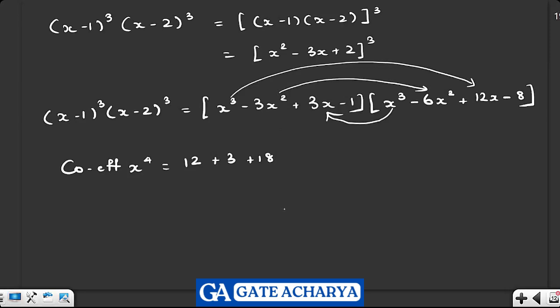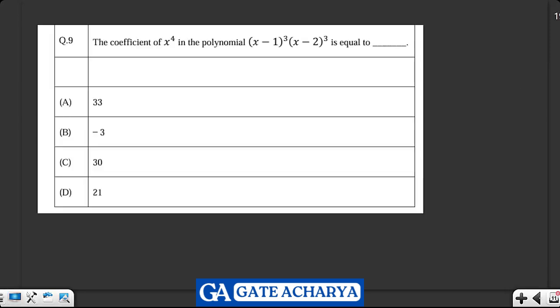These are the only ways, right? Now just add it up. 18 plus 12 works out to be 30. 30 plus 3, 33. That's it. Answer is over. Option A, 33.